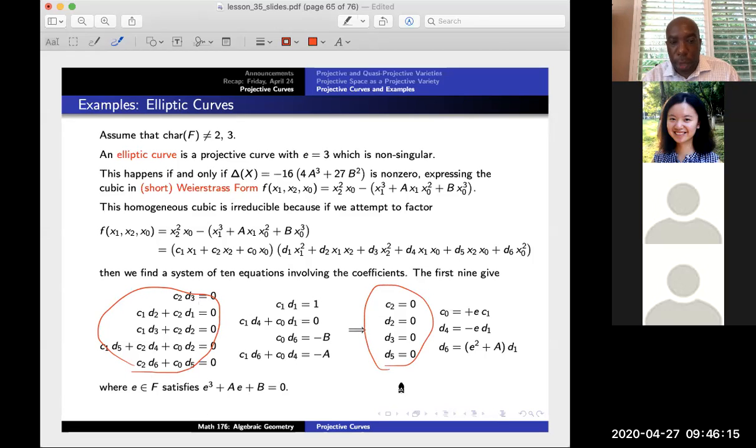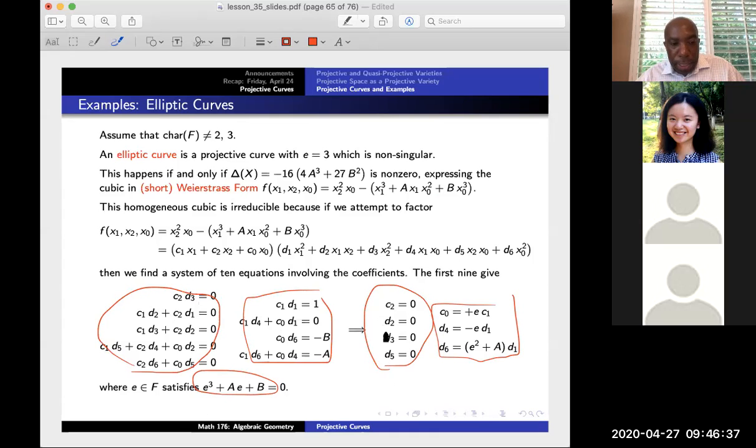Right, so that's the first 5. And then the latter 4, they actually force these here to be specific values, where the E here is just going to be a root of this degree 3 polynomial. So I would say don't worry about the latter 4. I care to talk about the first 5 over here, because they force these 4 to be 0.